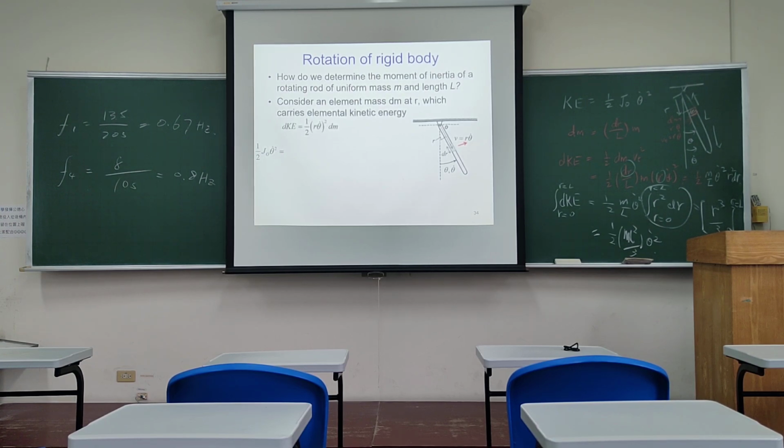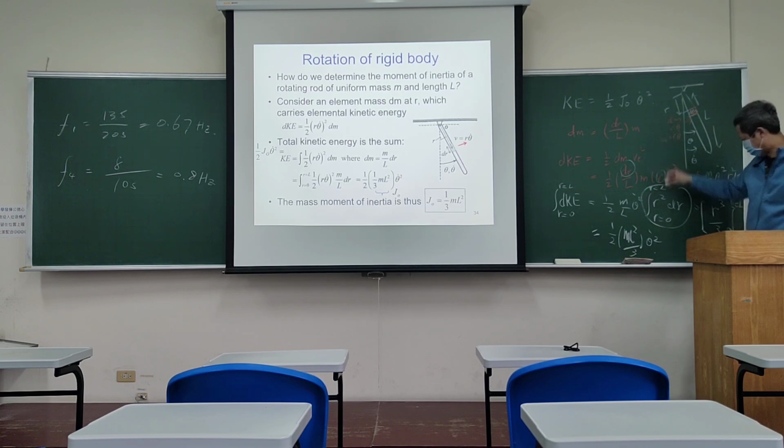A small piece of mass dm carries a small amount of kinetic energy, half r theta dot squared times the mass. The total kinetic energy will then be the sum by integrating these. So in the end you have this expression, and then the moment of inertia.